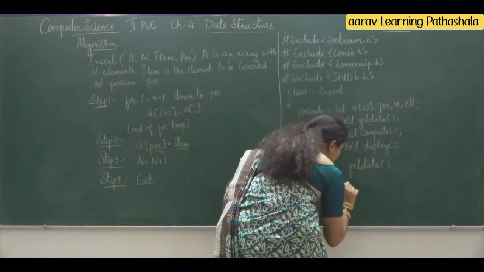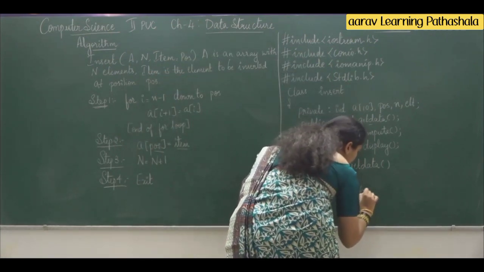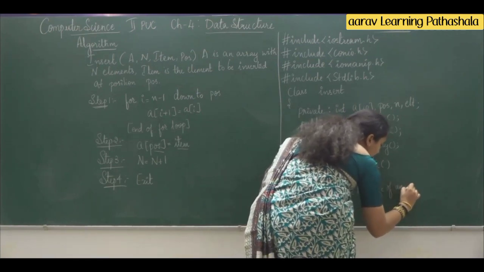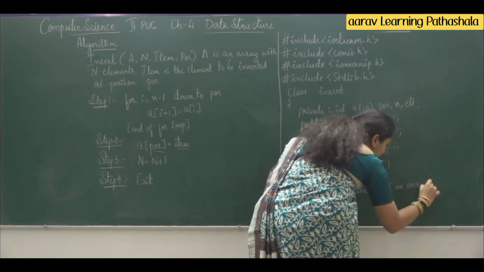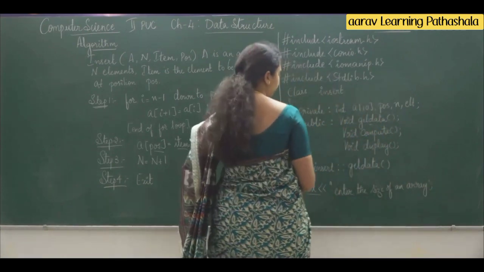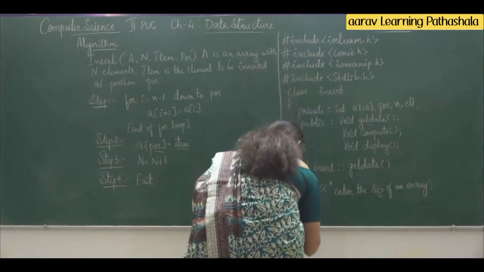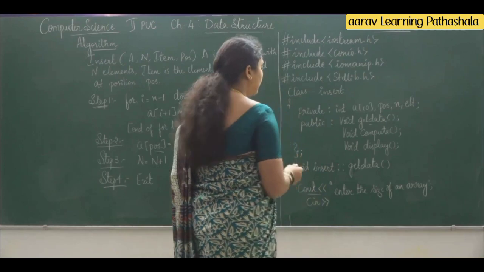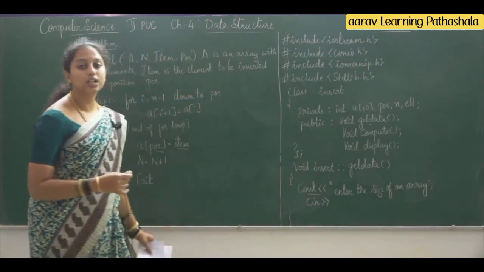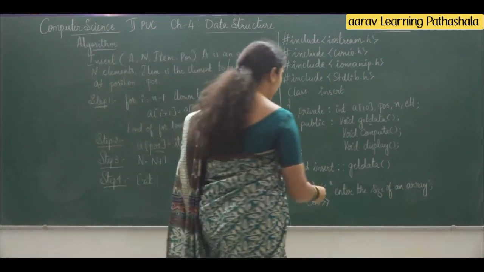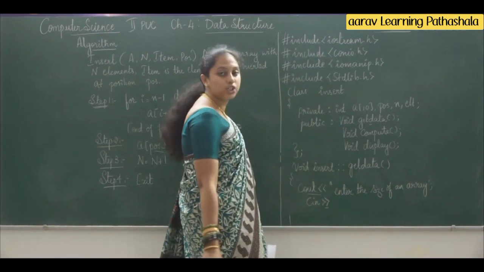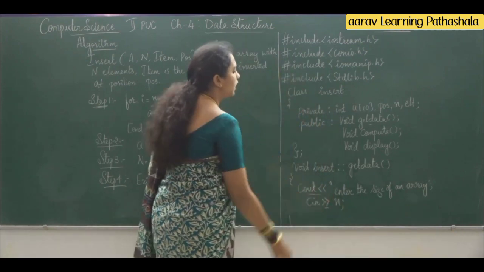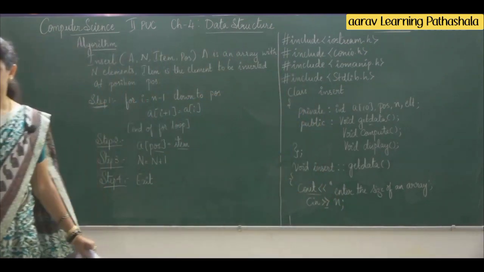Enter the size of an array. Using cin is used to read the data from the standard input device. So this is our extraction operator. So what is the size of the array? The size of the array is n.